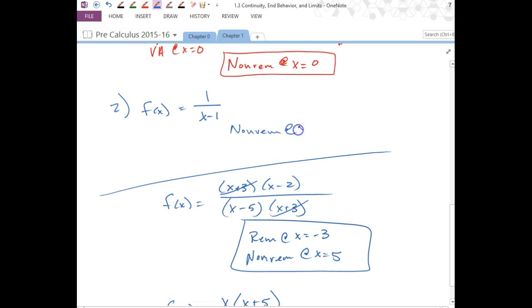Wait, so that example with the removable and the non-removable, those 2 x values can't exist on the same graph. Is that what you're saying? No, I'm saying at the x value of negative 3, if I was only talking about x being negative 3, you could not have an asymptote and a hole. It's got to be one or the other at the same x value.